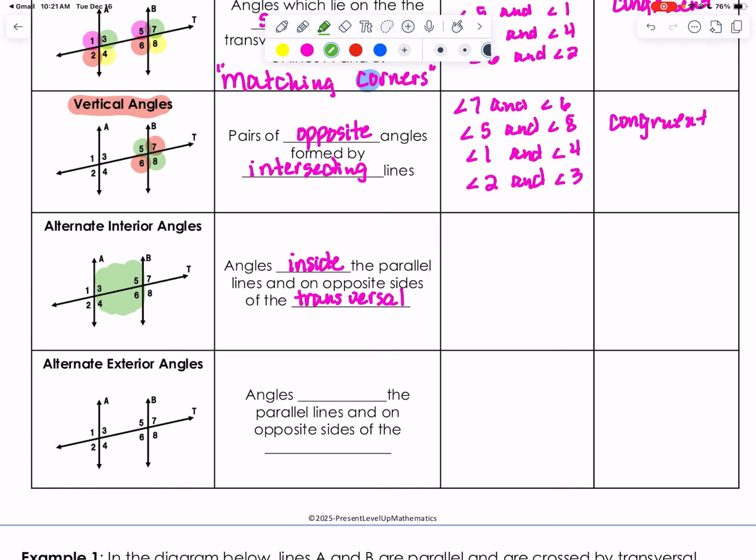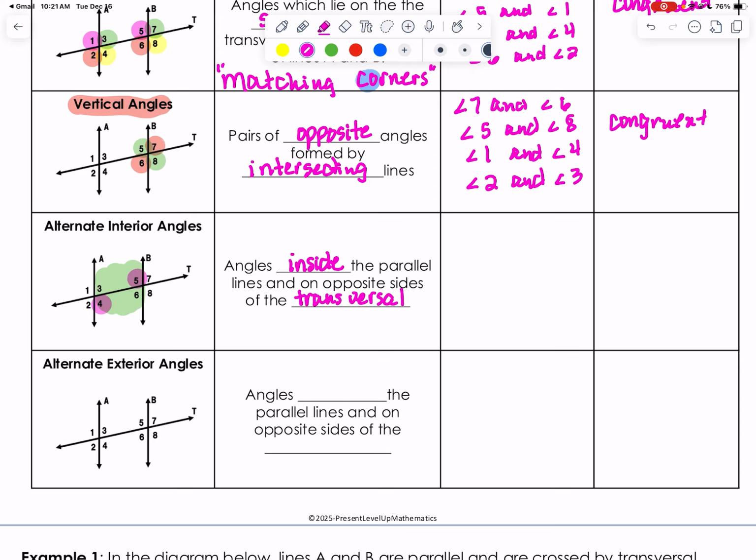First of all, for an angle to be an alternate interior angle, it must fall inside the parallel lines. But in addition, it must be on opposite sides of the transversal. So for example, angle 5 and angle 4 would be an example of alternate interior angles.